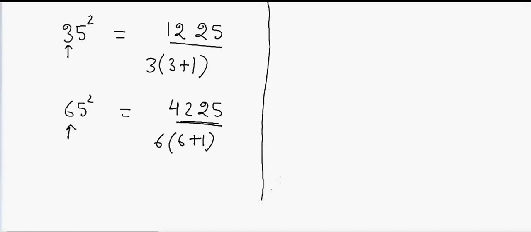So suppose we have any number which ends with 5. So that number can be written as 10 into x plus 5. So here suppose if x is equal to 3, then this number will be equal to 35, right?